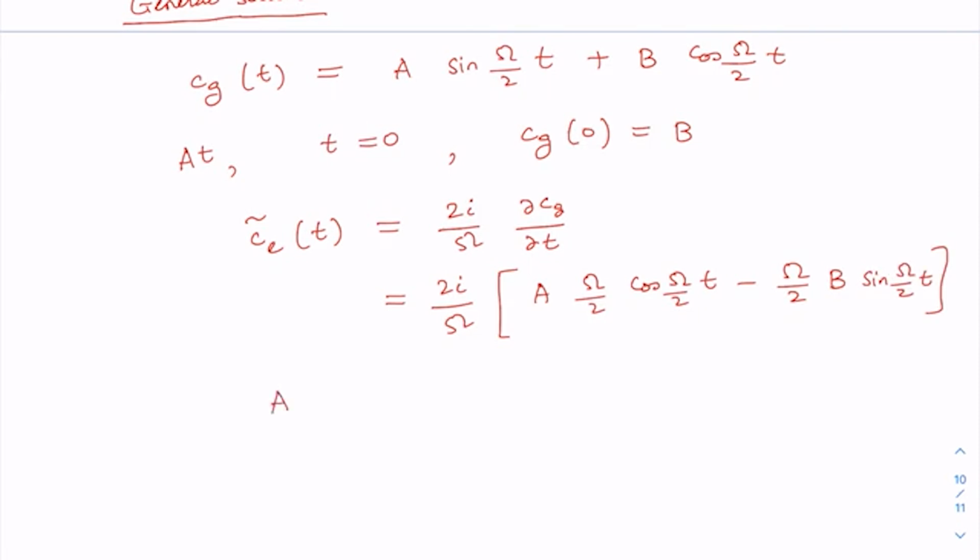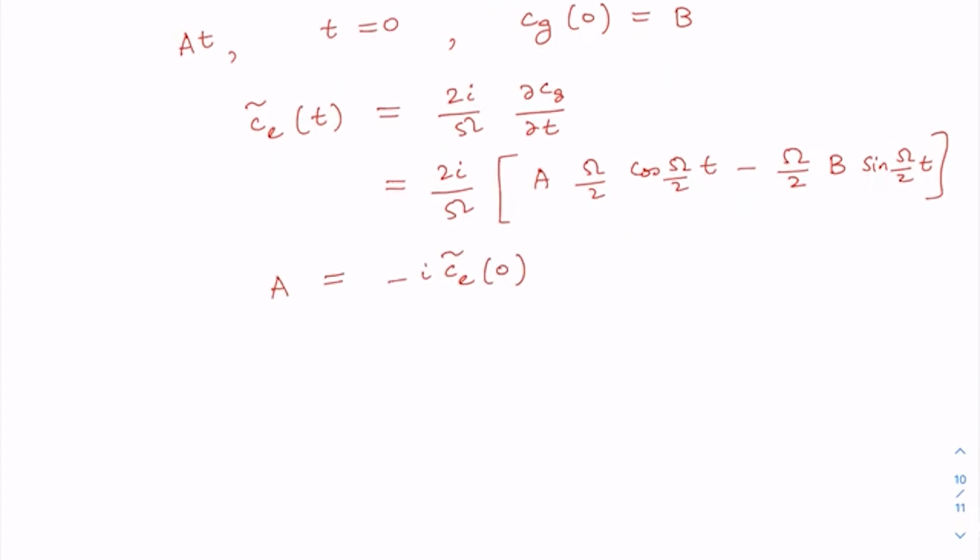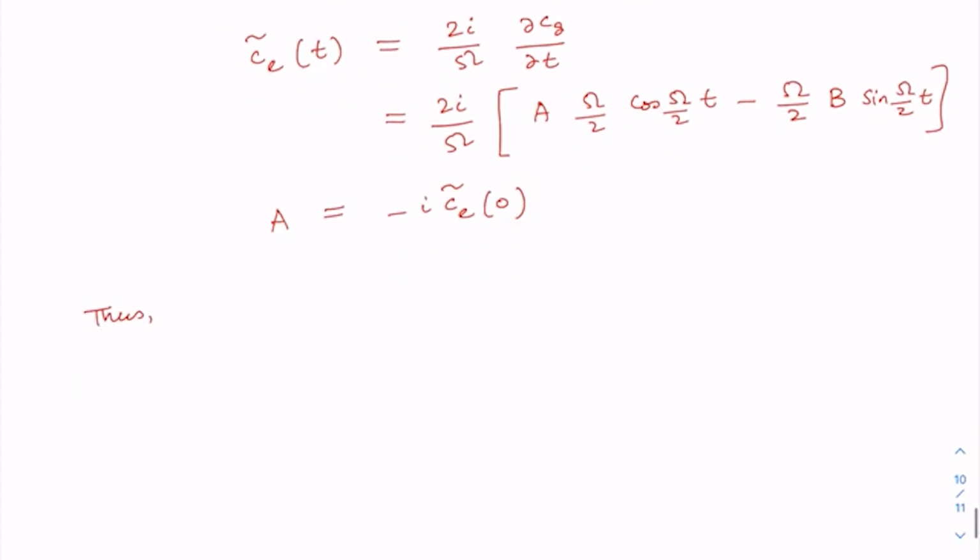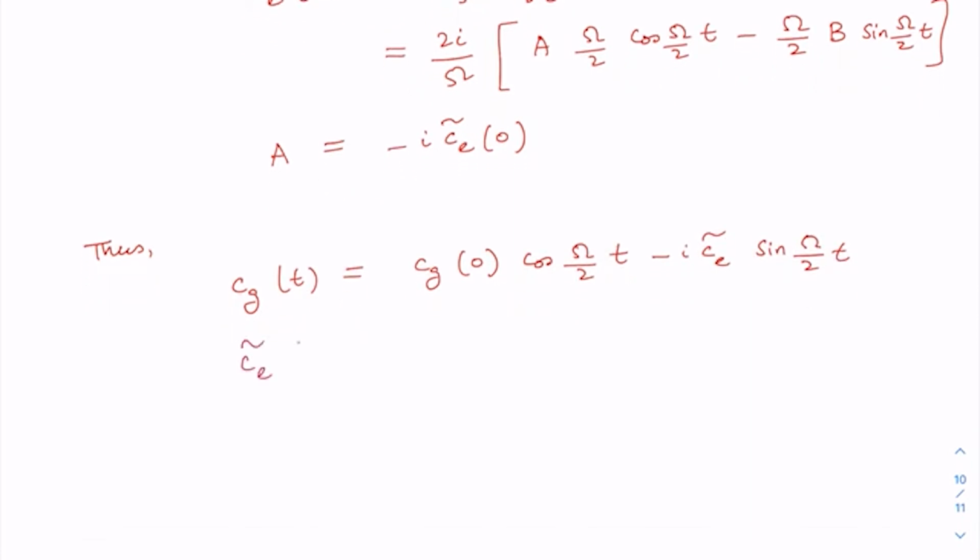So immediately you will find that this constant A would be equal to minus i C̃e at time t is equal to 0, and thus we can write that Cg(t) is equal to Cg(0) cos(Ωt/2) minus i C̃e(0) sin(Ωt/2), and C̃e(t) is equal to C̃e(0) cos(Ωt/2) minus i Cg(0) sin(Ωt/2).